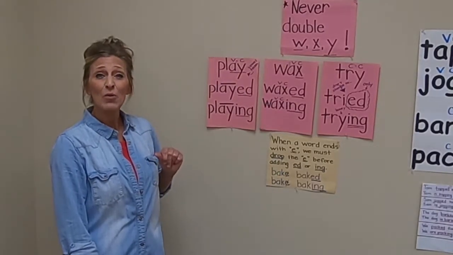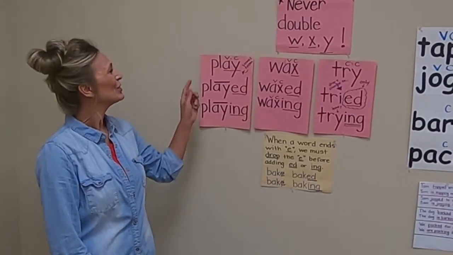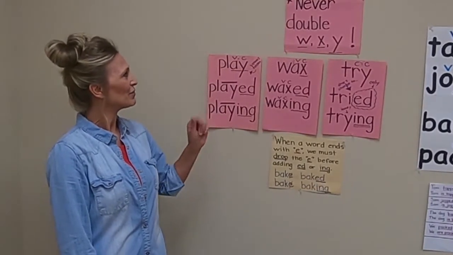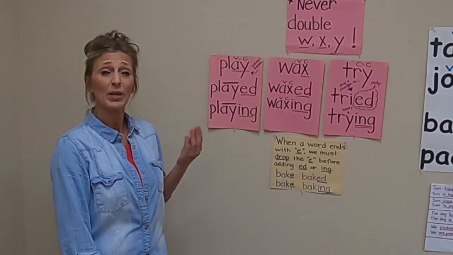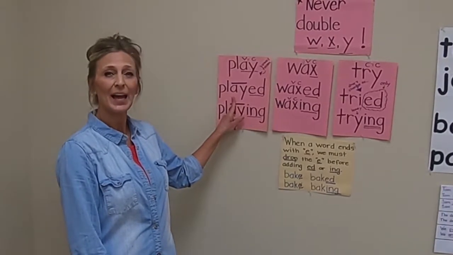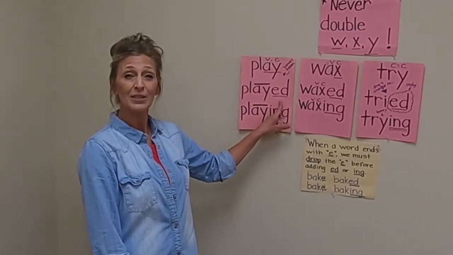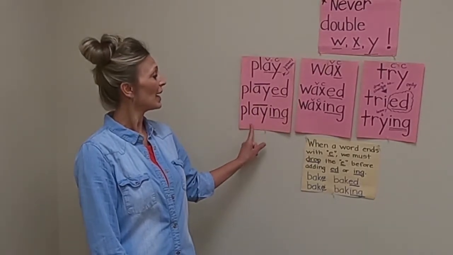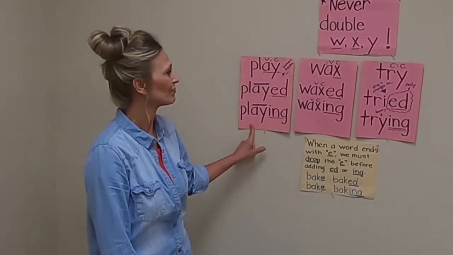Yes, A is a vowel and Y is a consonant. But we never double that Y for a vowel team like AY or OY. So we simply add the ED and play becomes played in the past tense and playing for the present tense.